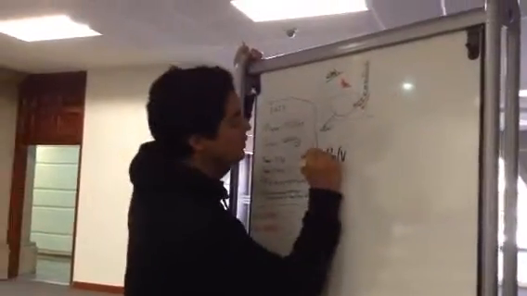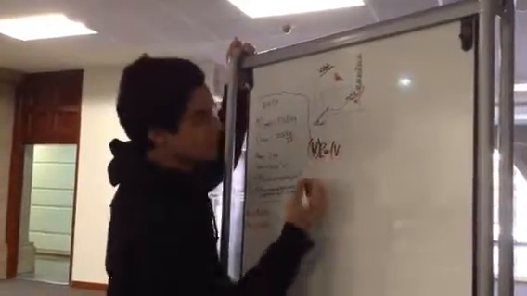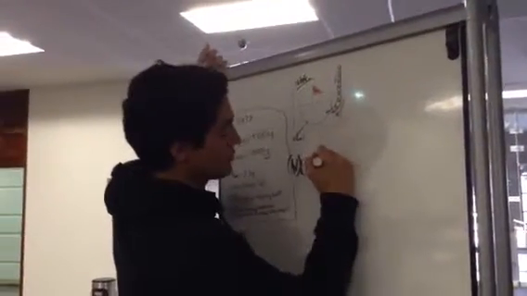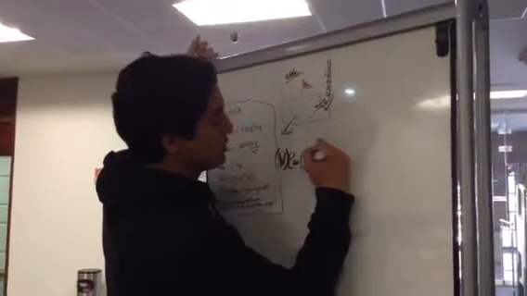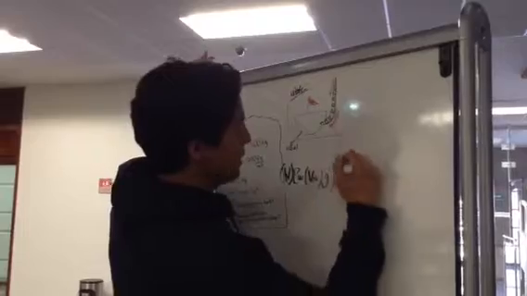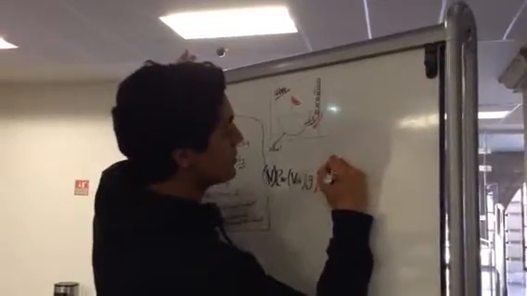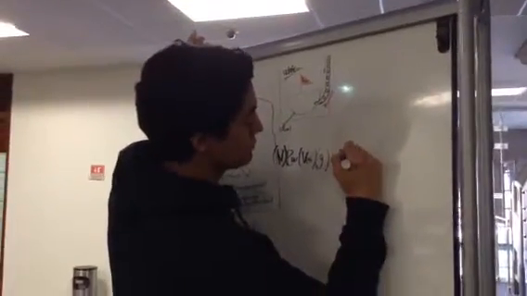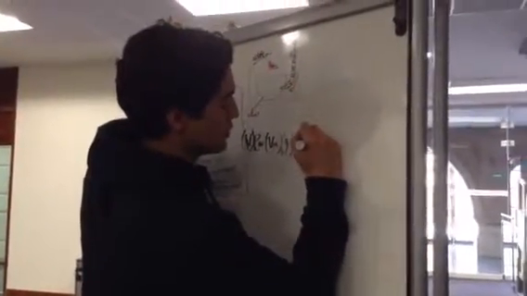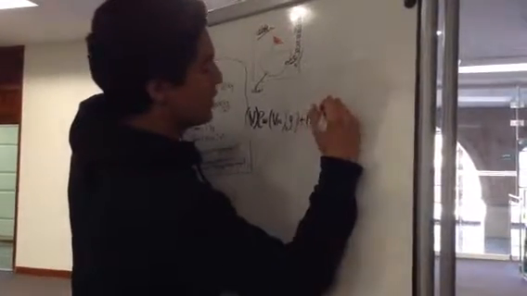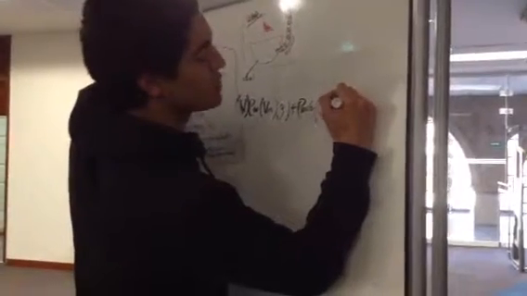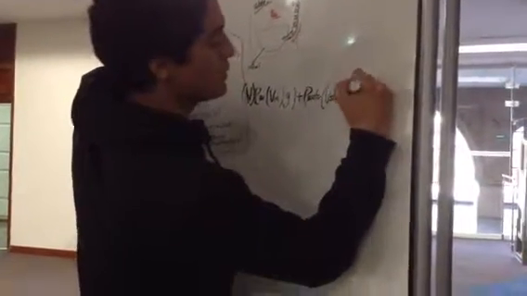We have the number of balls times the density of water times the volume of the ping pong balls times the gravity, plus the density of the water times the volume of the steel, or the ship, times the gravity.